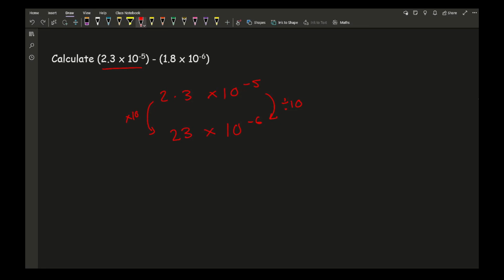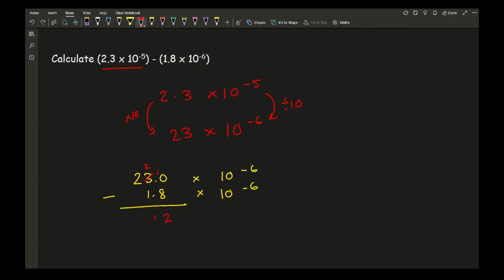So once I've done that, I can then do the subtraction. So I've got 23 times 10 to the power of minus 6, and in this number here, I've got 1.8, again to the power of minus 6. So all I've got to do now is this subtraction. So if I borrow 1 off the 3, that becomes a 10.